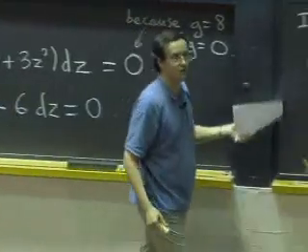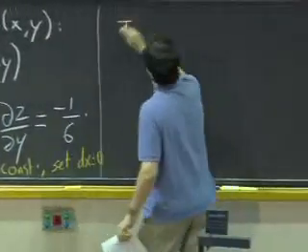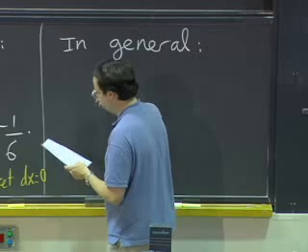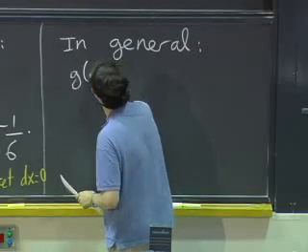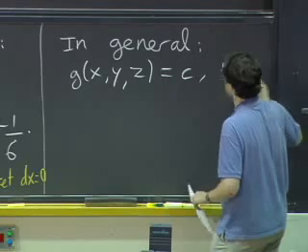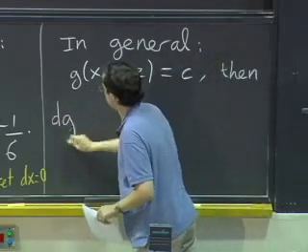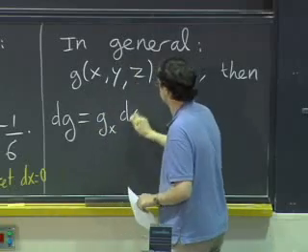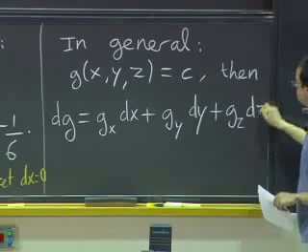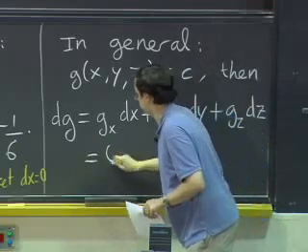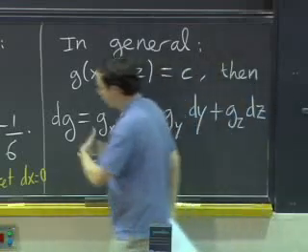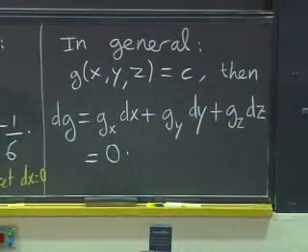So how do we think about this in general? Well, if we know that g of x, y, z equals constant, then dg, which is g sub x dx plus g sub y dy plus g sub z dz should be set equal to 0. Okay? And now we can solve for whichever variable we want to express in terms of the others.